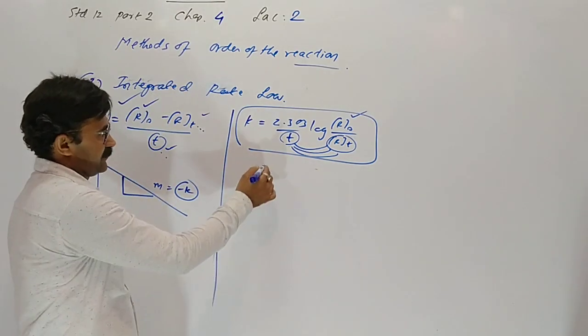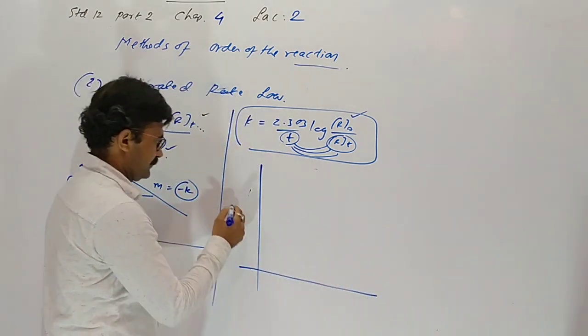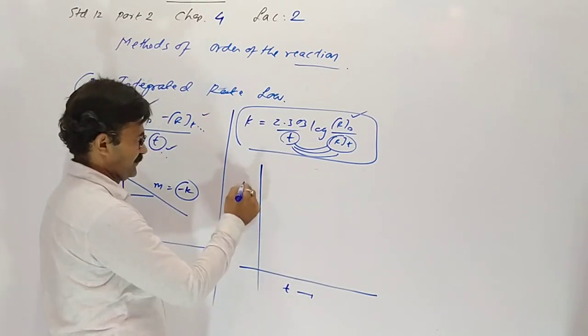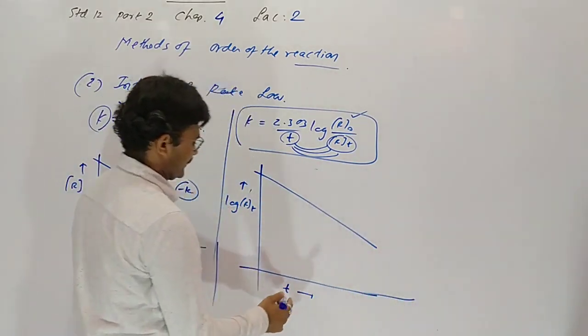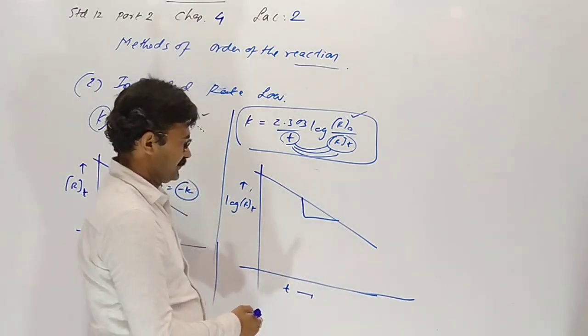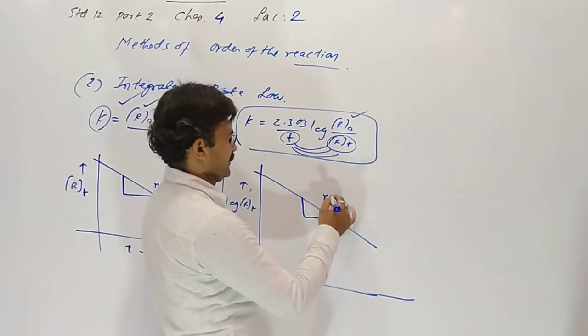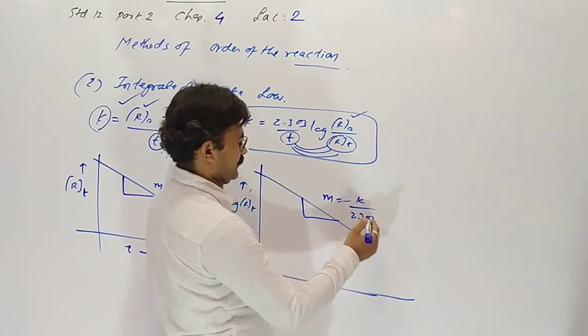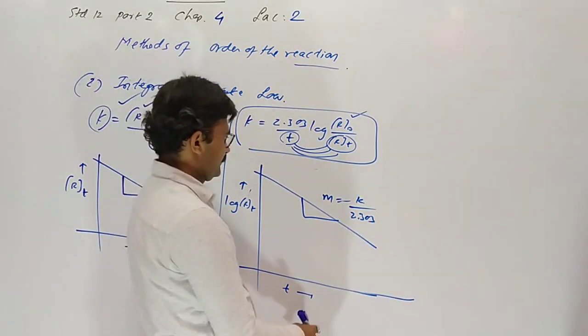Now, with the help of a graph, plot log Rt versus t. It gives a linear, straight, decreasing line, so we can say it is a first order reaction, and the value of the slope will be minus k upon 2.303.